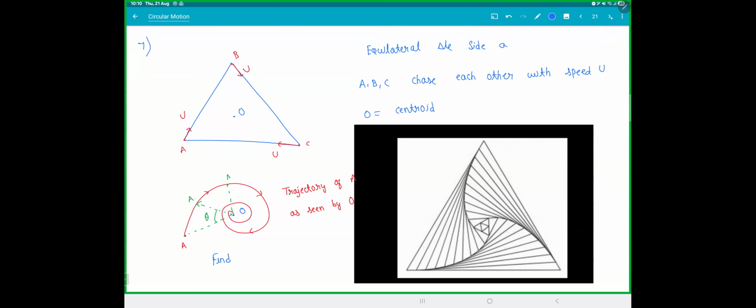I can also ask like this. This triangle is actually continuously rotating. Find the angle rotated by the triangle after time t. Or find the time taken for the triangle to complete one revolution. So we can play anything. Find the angle rotated by the OA vector in time t.